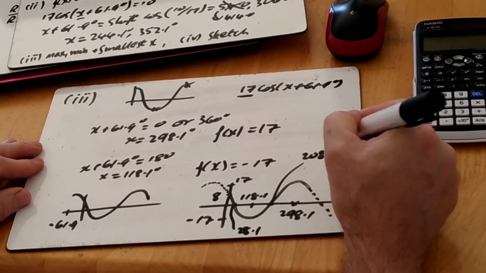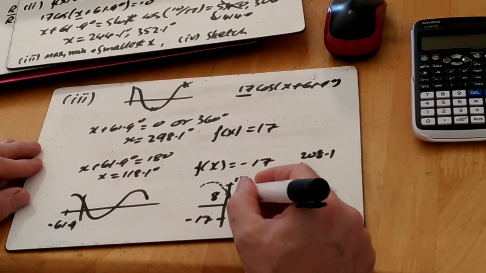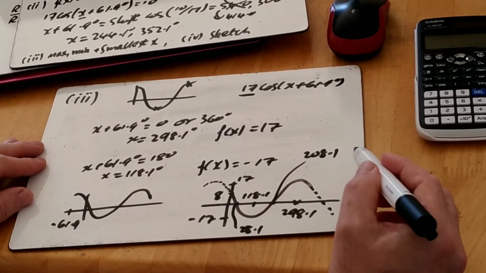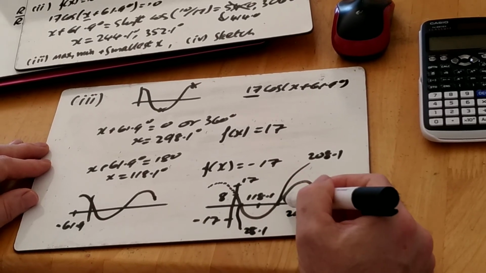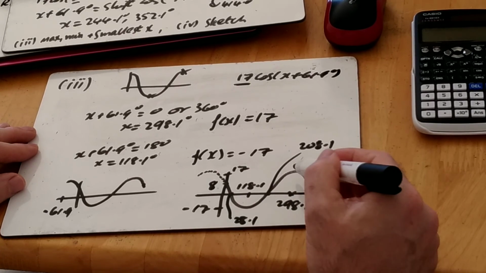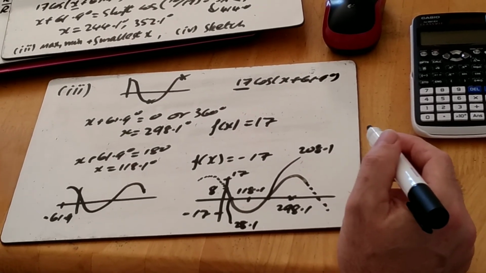Everything therefore has gone up 90 degrees, from there to there to there to there. Okay, so I've got all the information that I need. I can tell where it's crossing the axes, where it's crossing the y-axis, where it bottoms out there, where it tops out there. It matches up everything, and that will be worth a lot of marks.